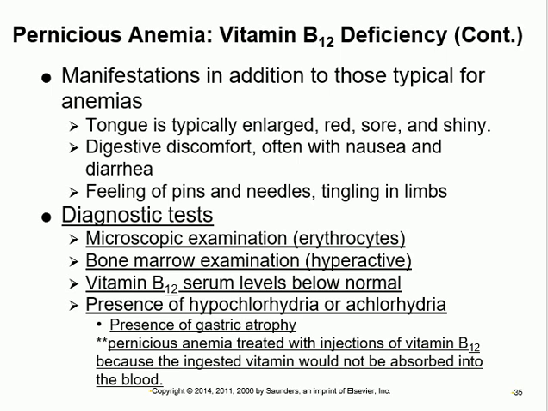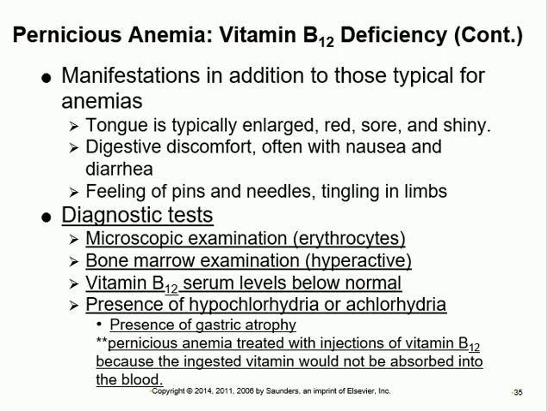People with vitamin B12 deficiency, their tongue will be larger and red. These are other signs that show up. The digestive tract will have problems because of the anemia. In the nervous system, they have some sort of pain or tingling or numbness or stuff like that.